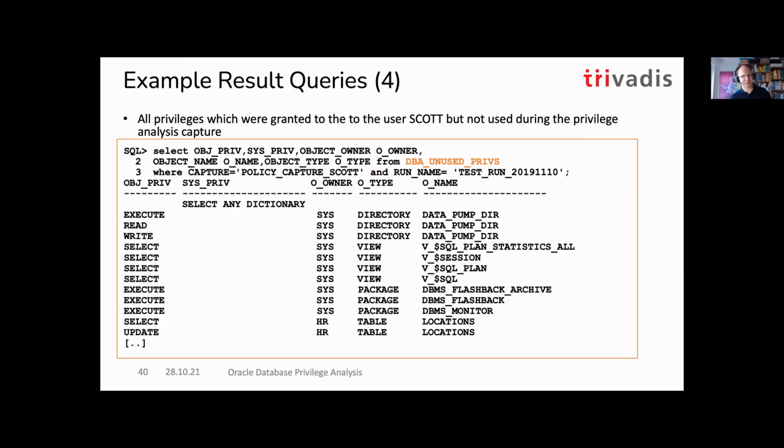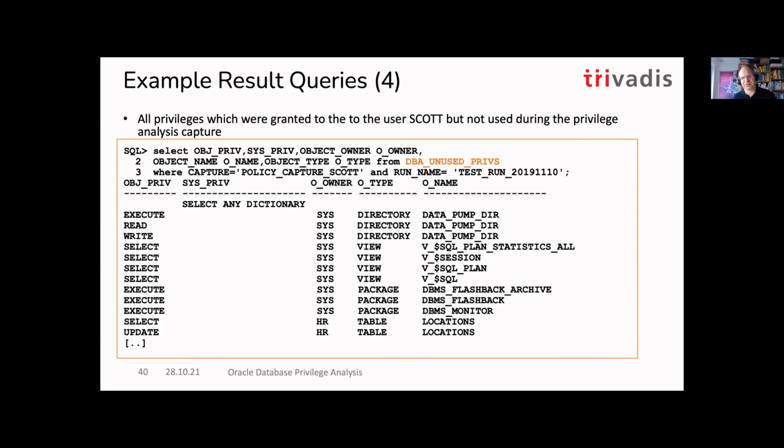DBA unused privs is another really interesting view, because you can see a lot of privileges which are granted to a user by default sometimes, but not used.